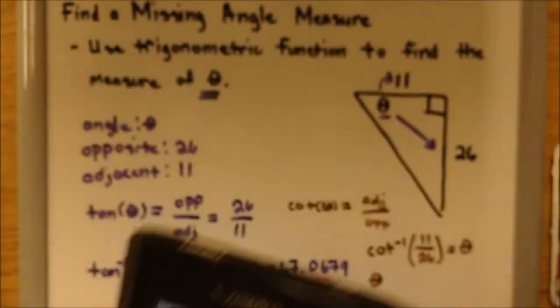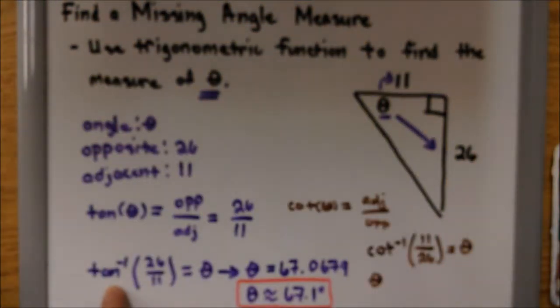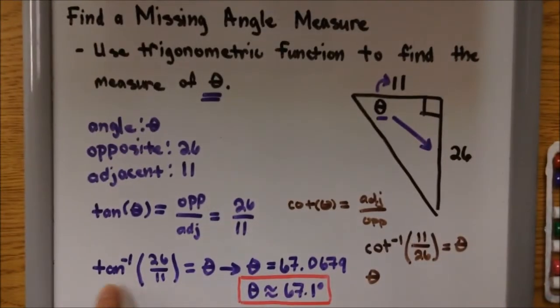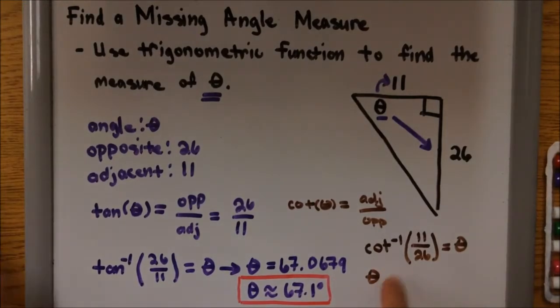In this case, you can either use inverse tangent or inverse cotangent, because using a calculator, it gave us the same angle measurement, 67.0679, which means theta is approximately 67.1 degrees.